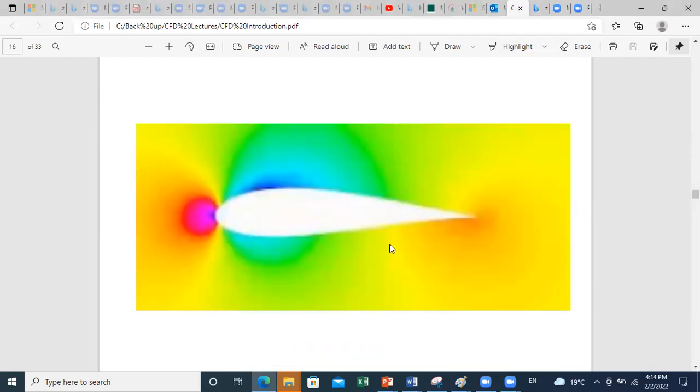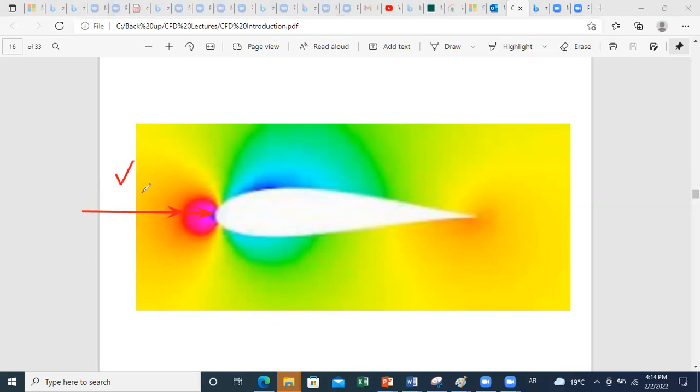So here you can see, for example, the study of just an airfoil. Here you can observe the pressure field. You know from fluids that you have a flow that is uniform first, and as you approach, this line is called in fluids the stagnation line. As you approach this point, the velocity will decrease.